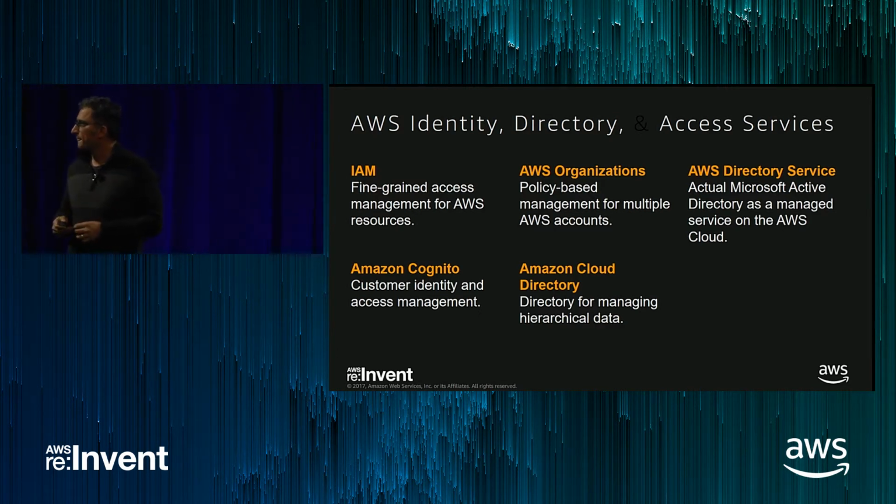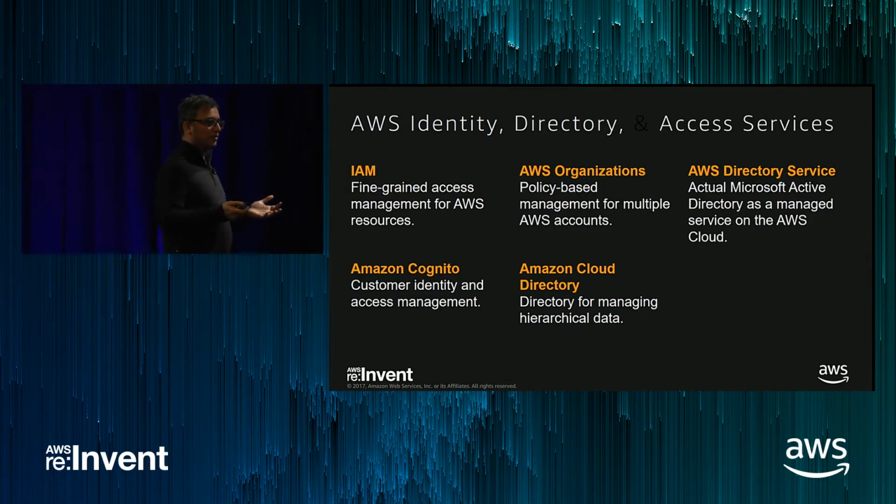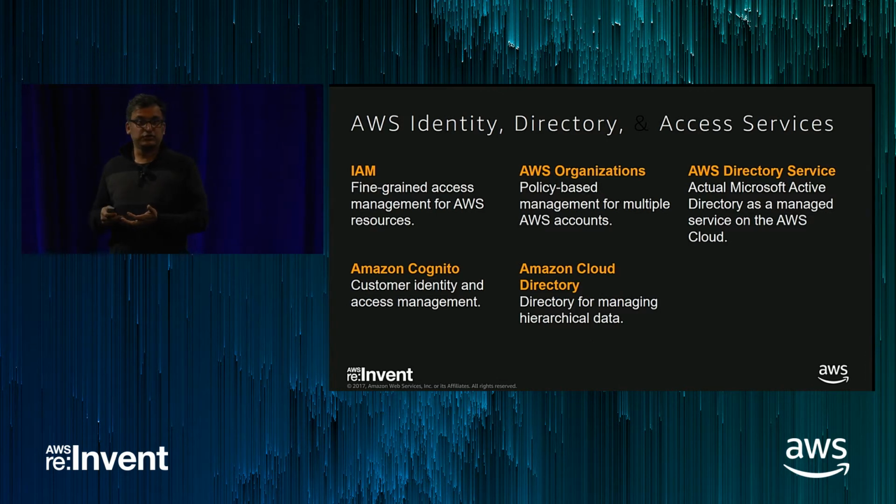Then we have Amazon Cognito. If you're building a cloud-native application, particularly one facing customers, where you want to allow customers to sign up, authenticate, and get access to your application use cases, Amazon Cognito is our service that gives you many features. It gives you a user directory that can scale to millions of identities, so you don't have to manage it.